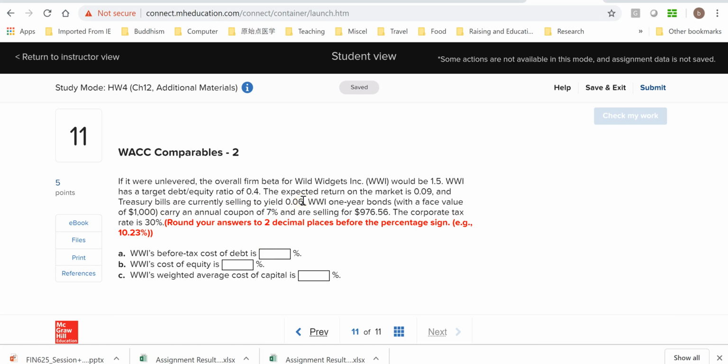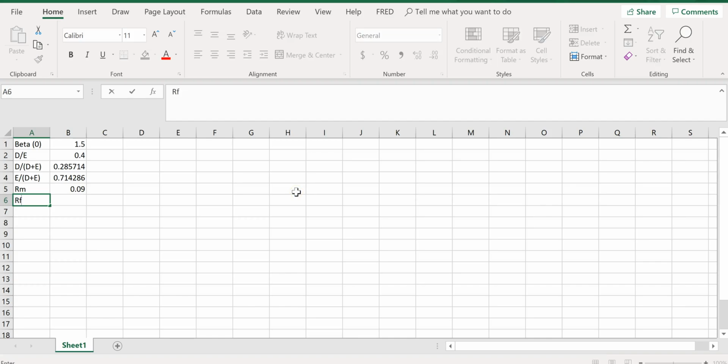And the next sentence: Treasury bills are currently selling to yield 0.06. And in class, you can find that in my PowerPoint lecture slides, generally we proxy the risk-free asset by Treasury bills. So this sentence tells us basically what is the return on the risk-free asset. So that's the RF, 0.06.